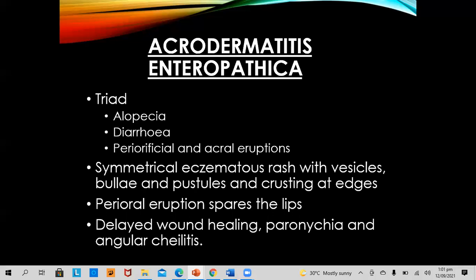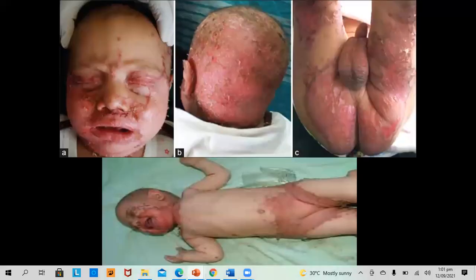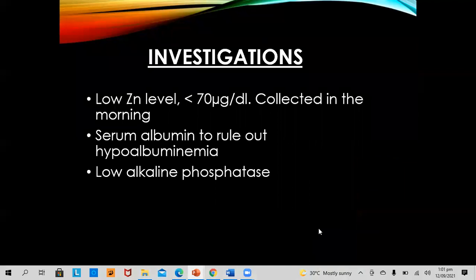It causes delayed wound healing, paronychia, and angular cheilitis. This is how a child of acrodermatitis enteropathica presents with periorificial dermatitis. There is crusting and vesiculation at the edge of the lesions.